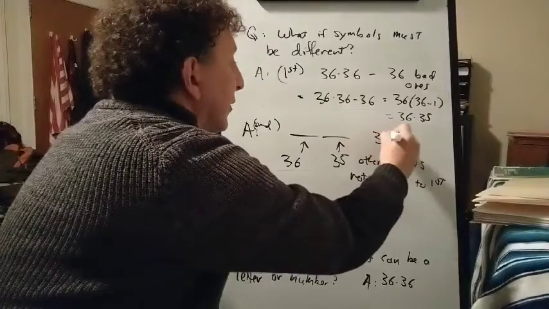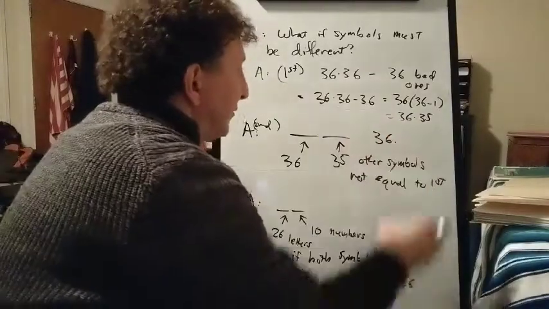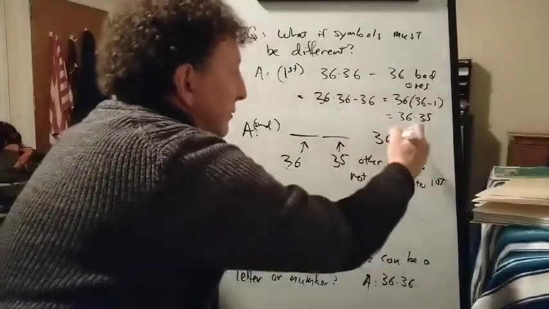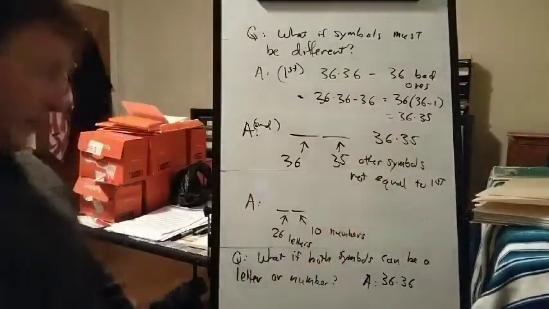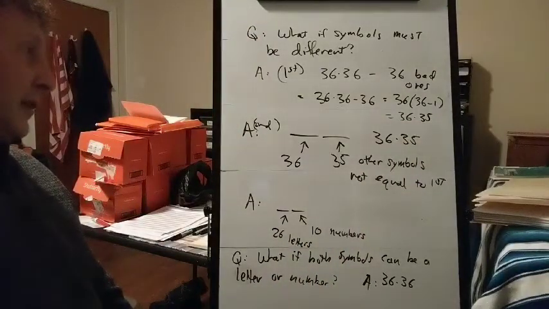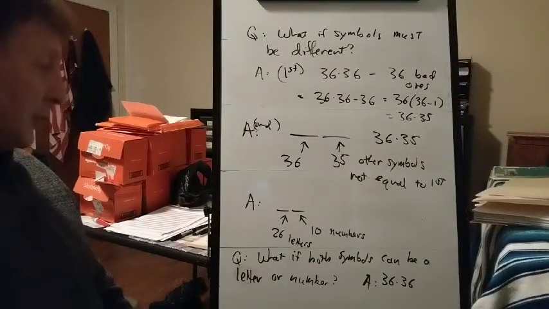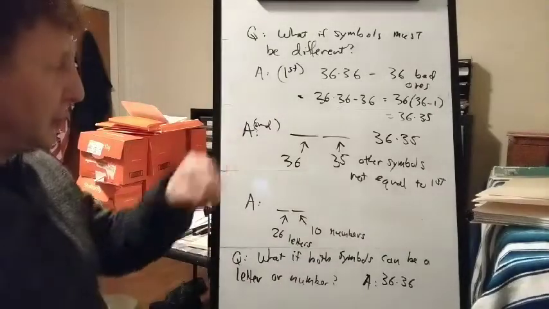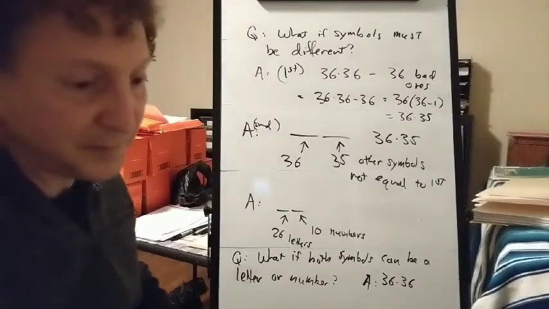So 36 times 35. We'll get the same answer, which is good. It's the right answer. 36 times 35 codes that are alphanumeric if the two digits can't be the same.